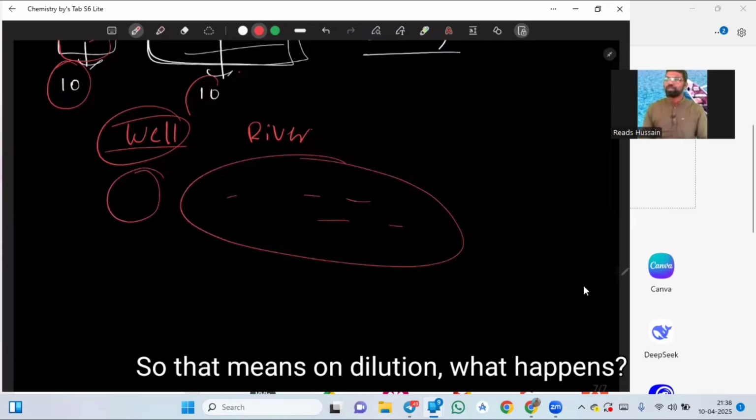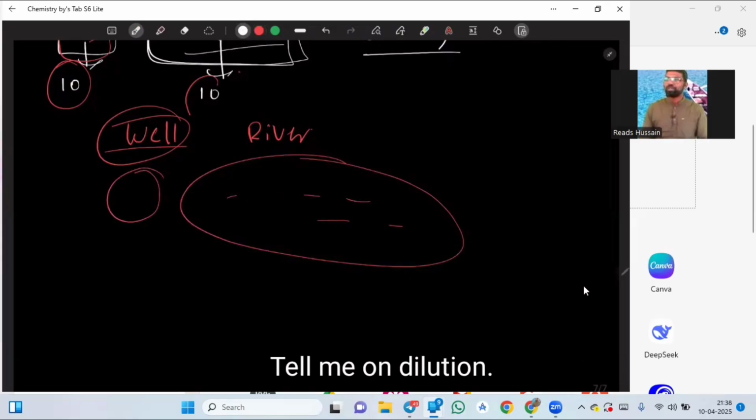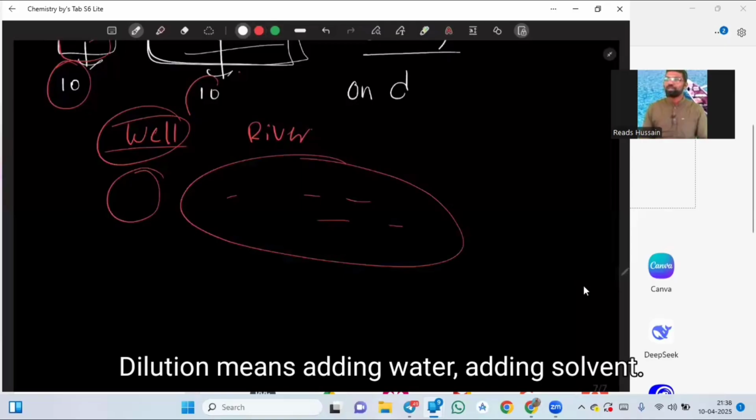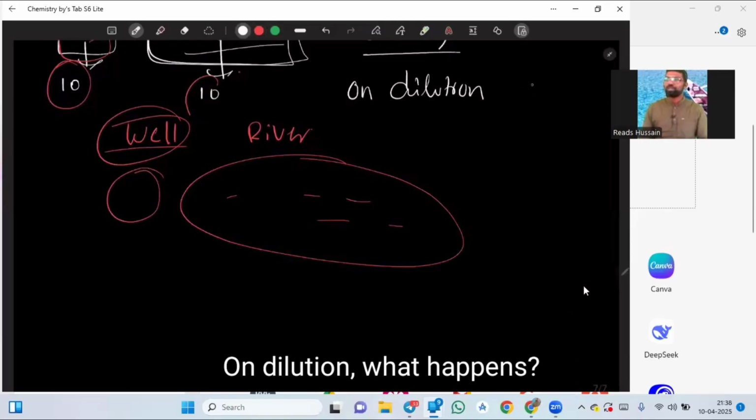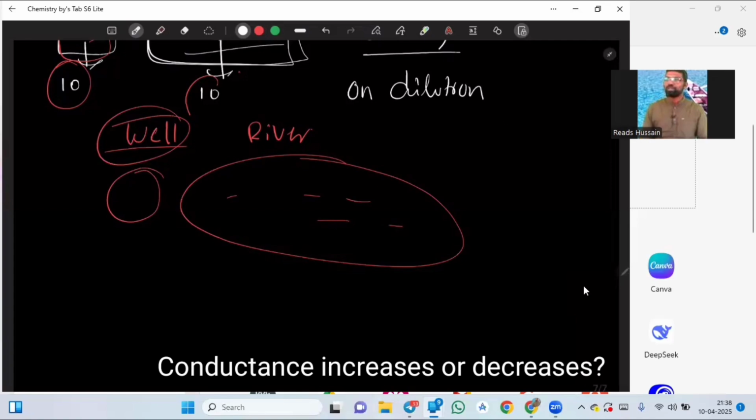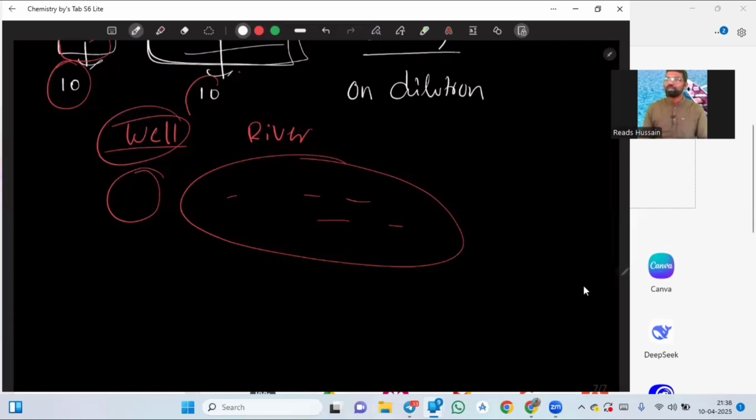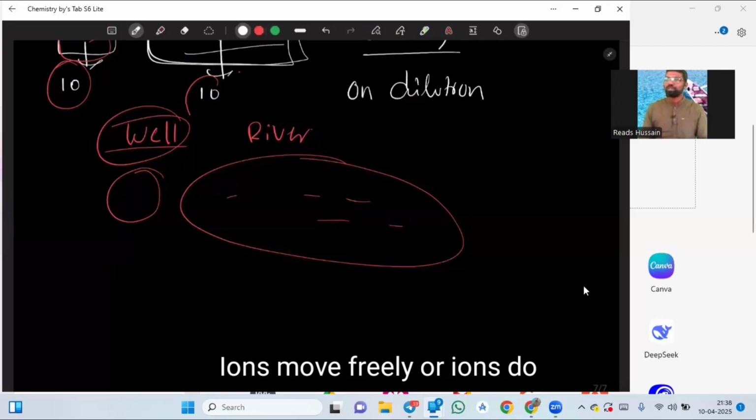So that means on dilution, what happens? Tell me. On dilution. Dilution means adding water, adding solvent. On dilution, what happens? Conductance increases or decreases? Conductance means what? Movement of ions. Ions move freely or ions do not move freely?